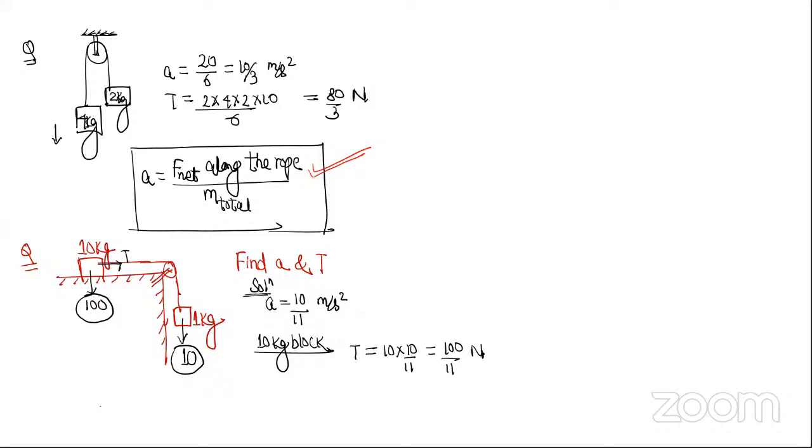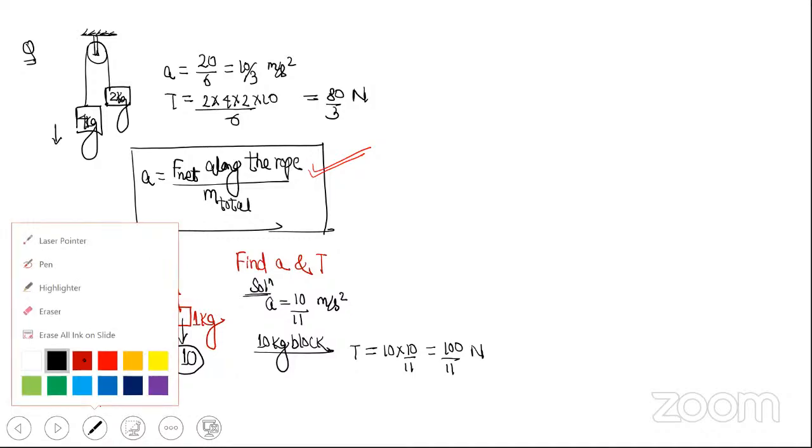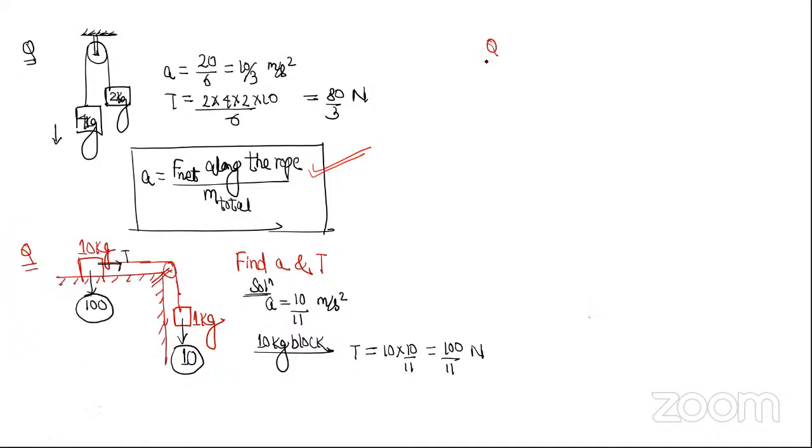Anyway, let's go to another question. Try to apply this shortcut. What is that? Net acceleration is net force along the rope by total mass. Let's solve this question. Let's say I have a block like this.